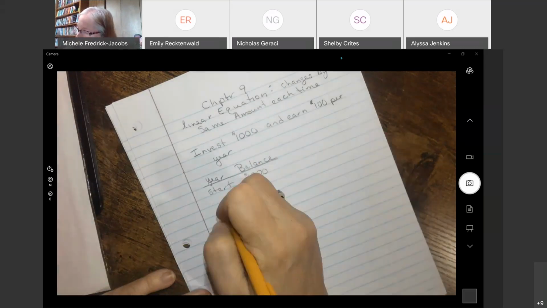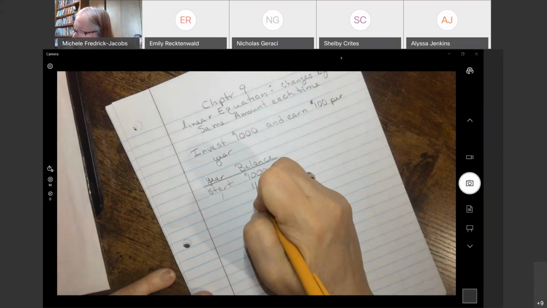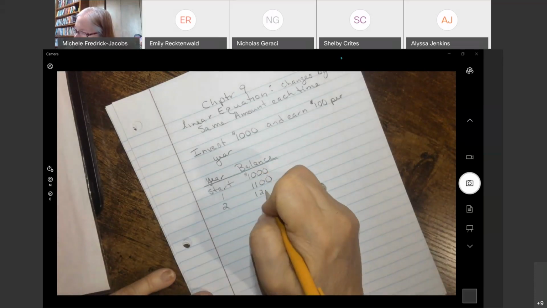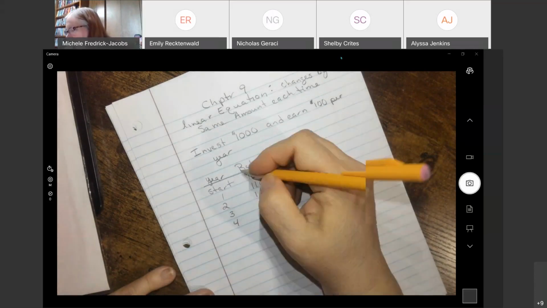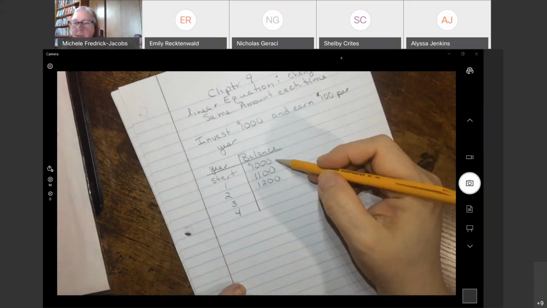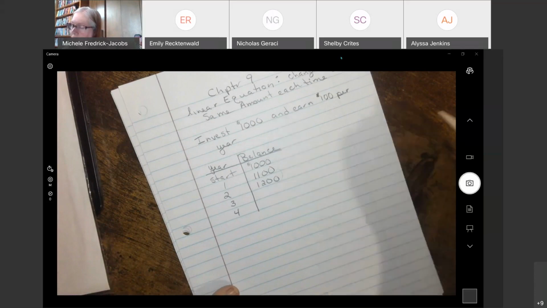And then each year it adds $100. We'll go 4 years. So if we put $1,000 into an account and each year it adds $100.